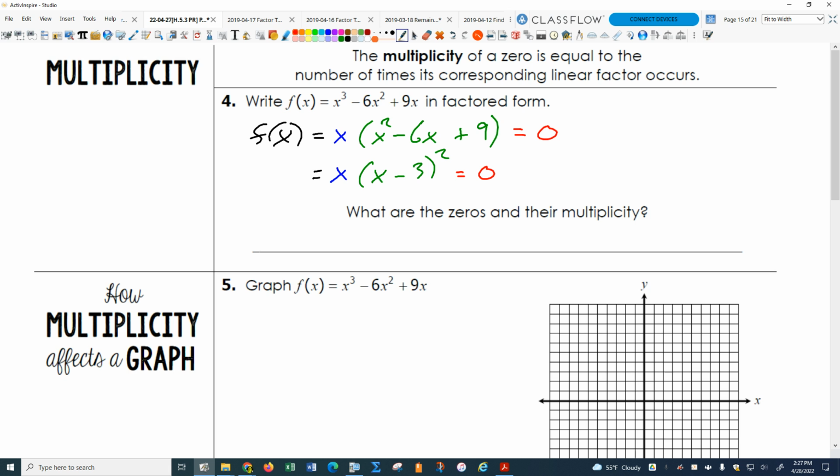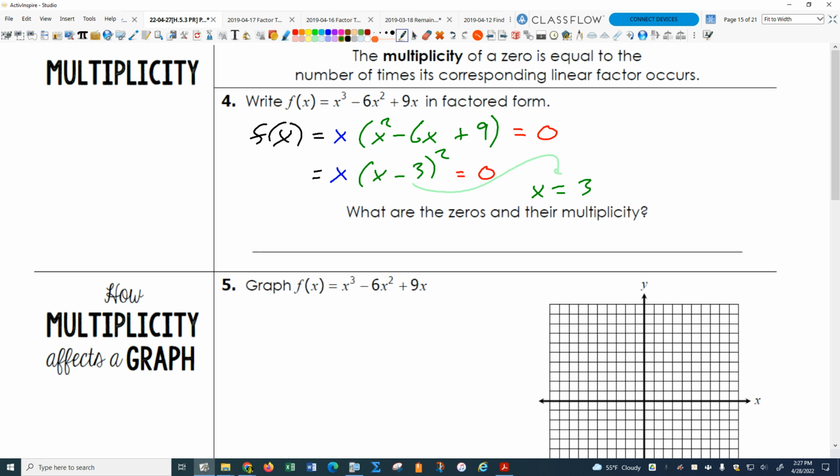Three is one of them. How come? Well, because I'm just going to apply the zero product property, aren't I? I know that the product of factors can only equal 0 when I'm multiplying by 0, right? So I'm going to get a zero from that factor, which is x equals 3, right?